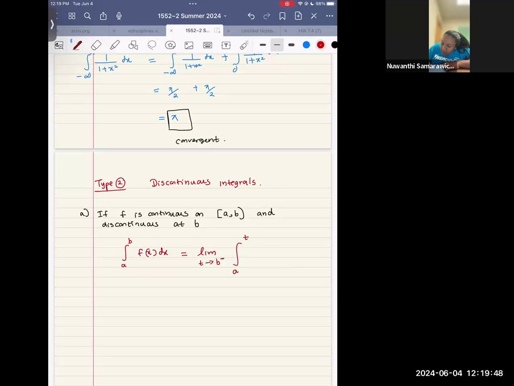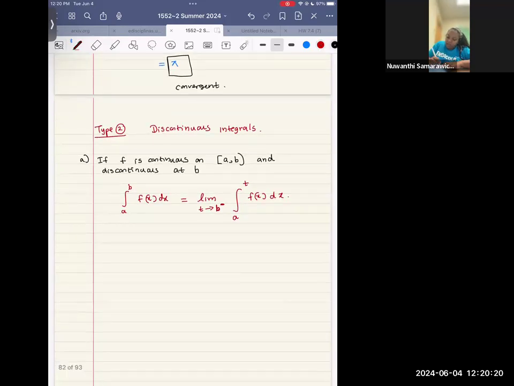Here you have a negative in the power position. What is the meaning? Can you remember in Cal 1 you did this? If you have a negative, it approaches, yes, very good, from the left hand side. Okay, so this is f(x) dx.